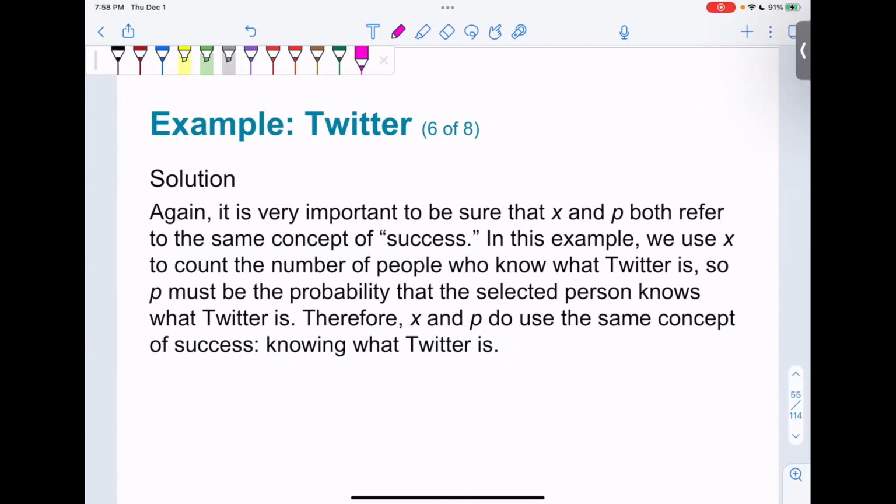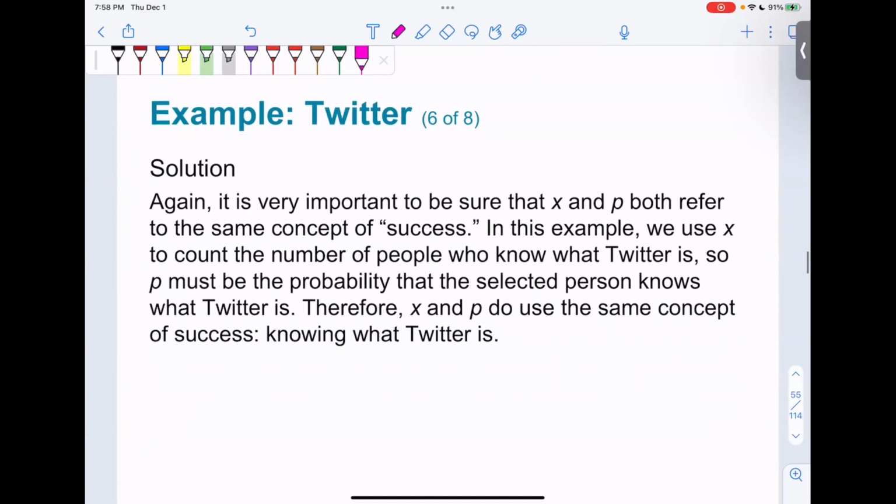Okay. Now, it's very important to be sure that x and p both refer to the same concept. Both of them here are about success. x is the number of successes, and p is the probability of success. So those two talk about the same concept.